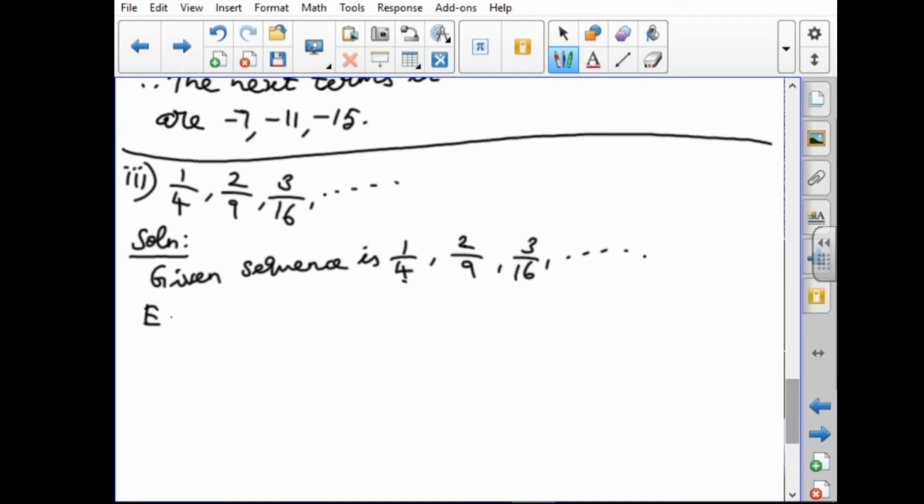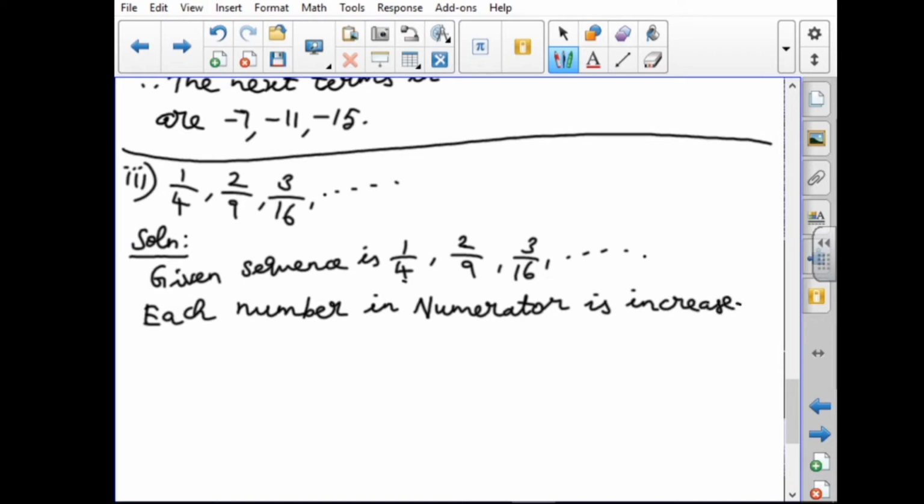There is a reason. Each number in numerator is increased.